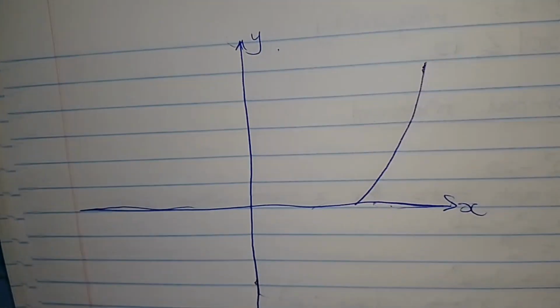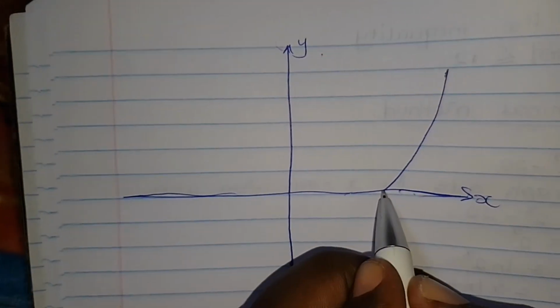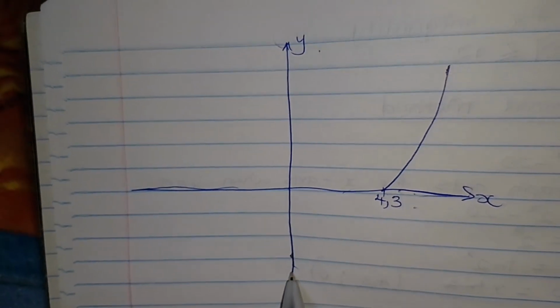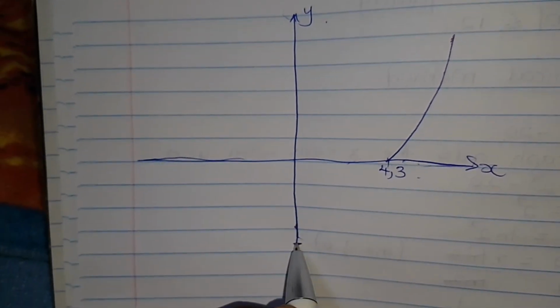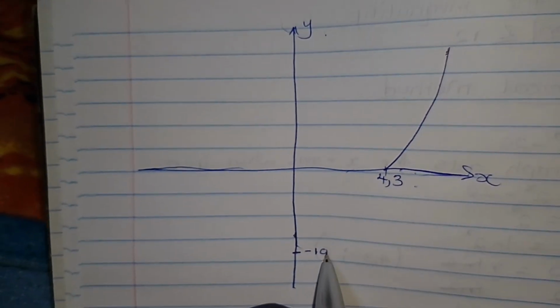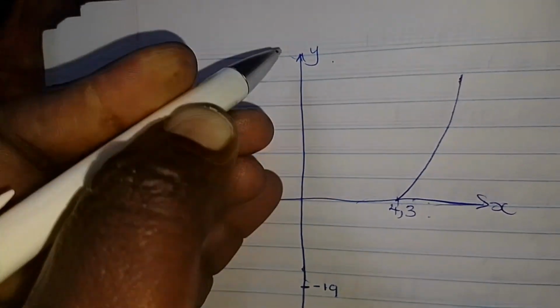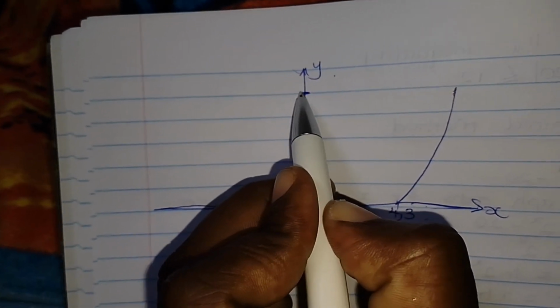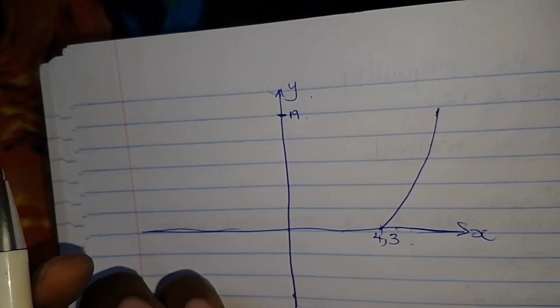It comes here at 4,3. This is 0.4,3 there. And since it was passing through this point negative 19, this negative 19 is going to be reflected onto the positive side, so it becomes 19 there.